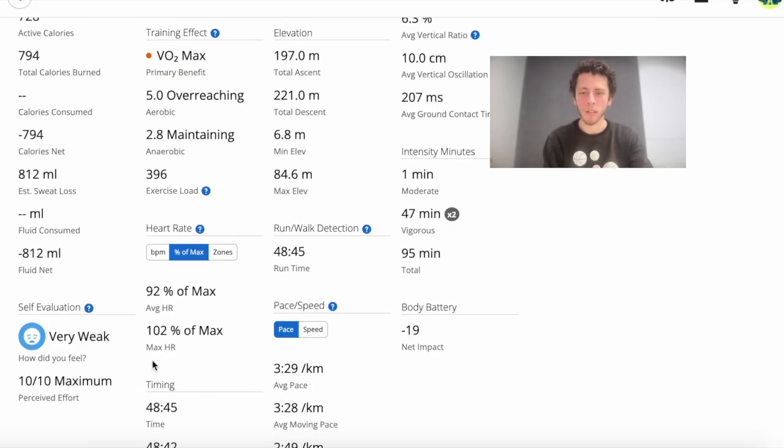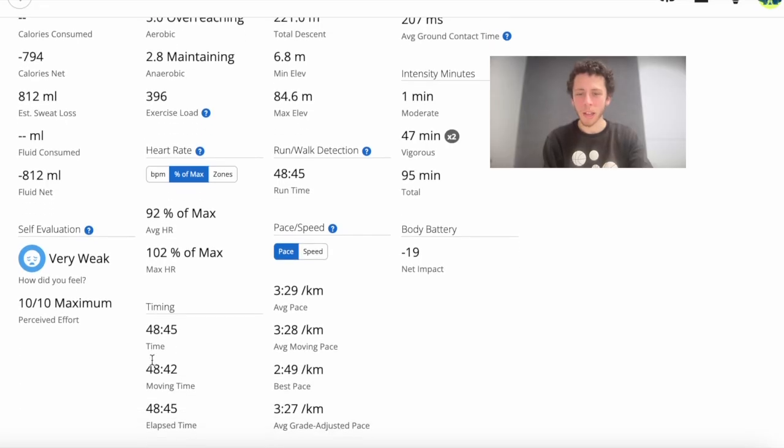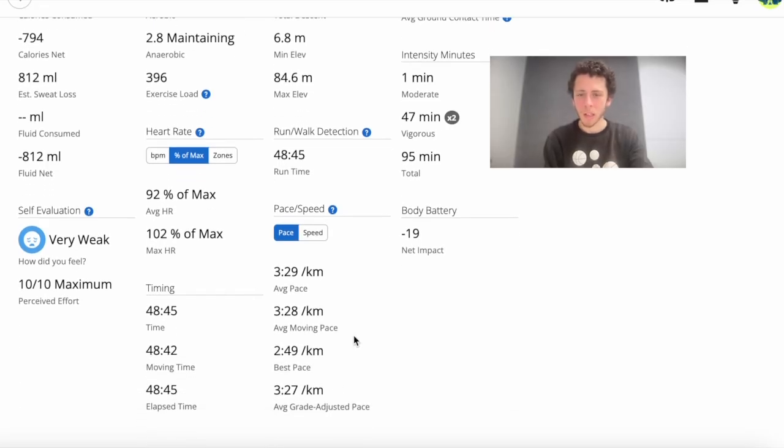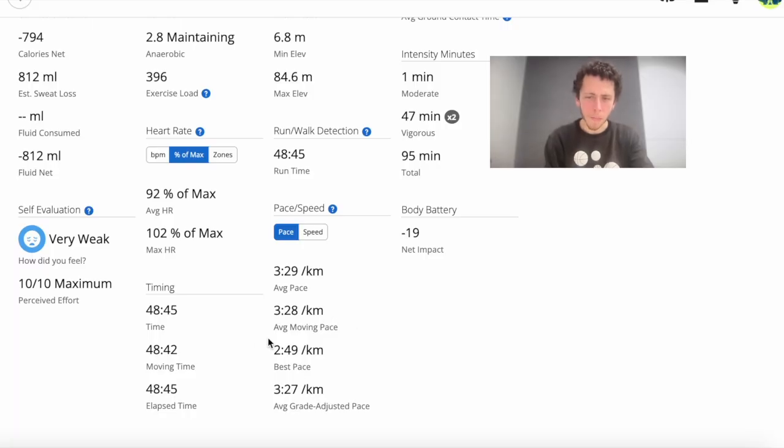And then if we look down at the pace, obviously we looked before, the average pace was 3:29, and then it also gives us average moving pace, your best pace, and your grade adjusted pace, which is just how fast you're moving when you're going up or down hills.